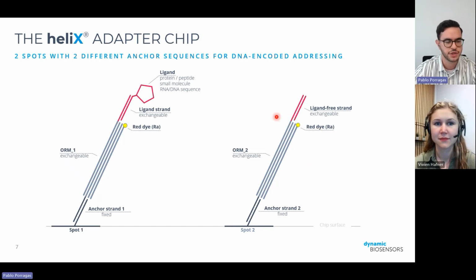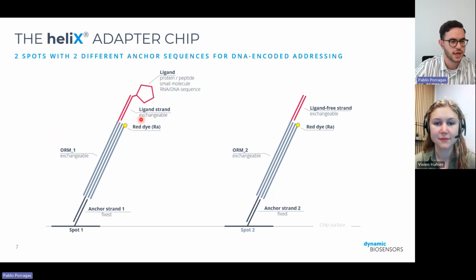For the conformational change detection, we functionalize the surface of the chip on each of those nanoelectrode spots with 2 slightly different DNA-based origami nanolevers. On spot 1, we can direct our origami with our ligand of interest, in this case, for the purpose of the webinar, a protein that we suspect might undergo a conformational change.